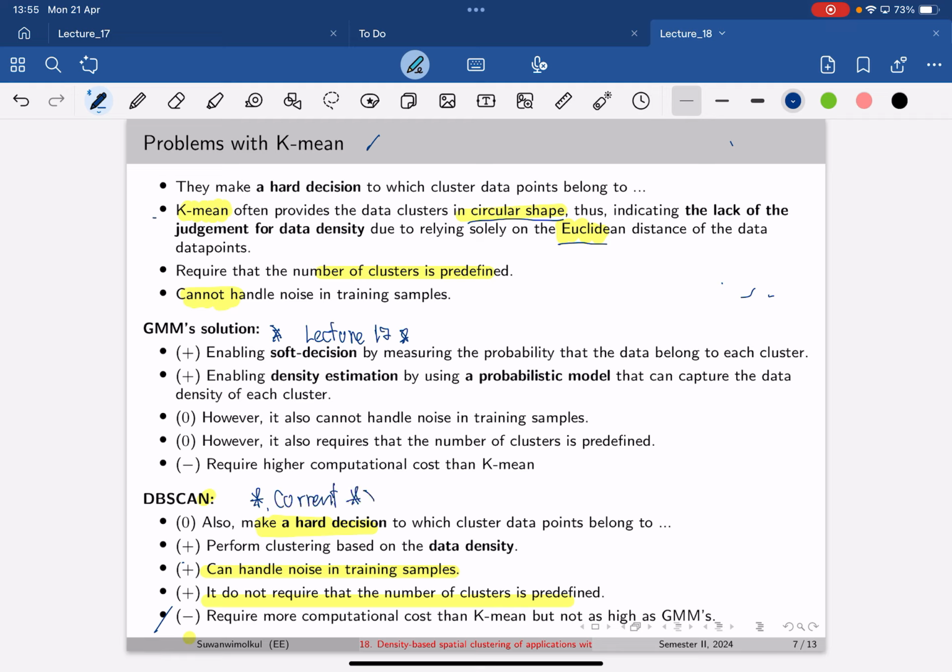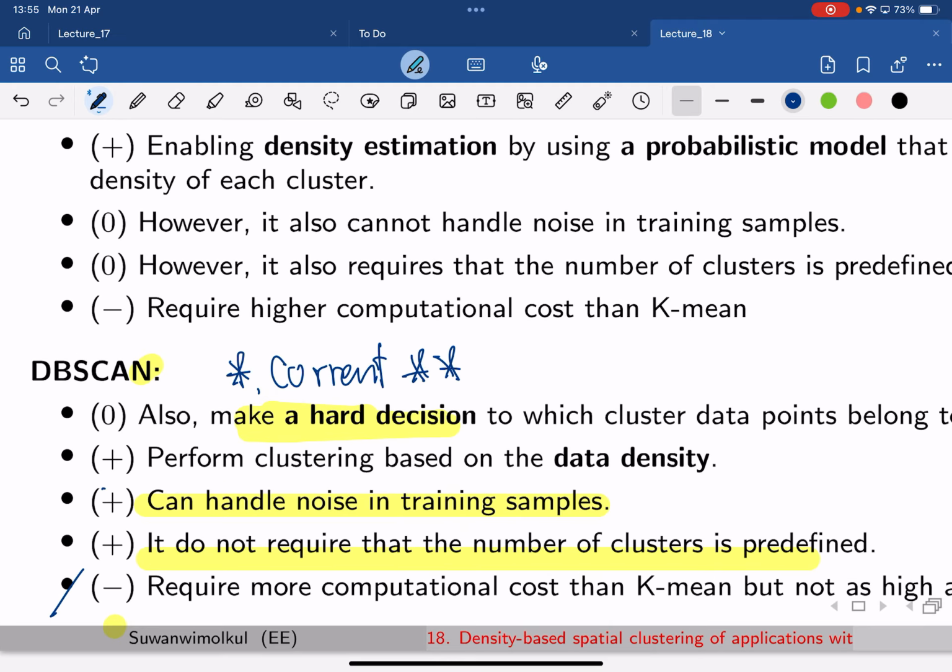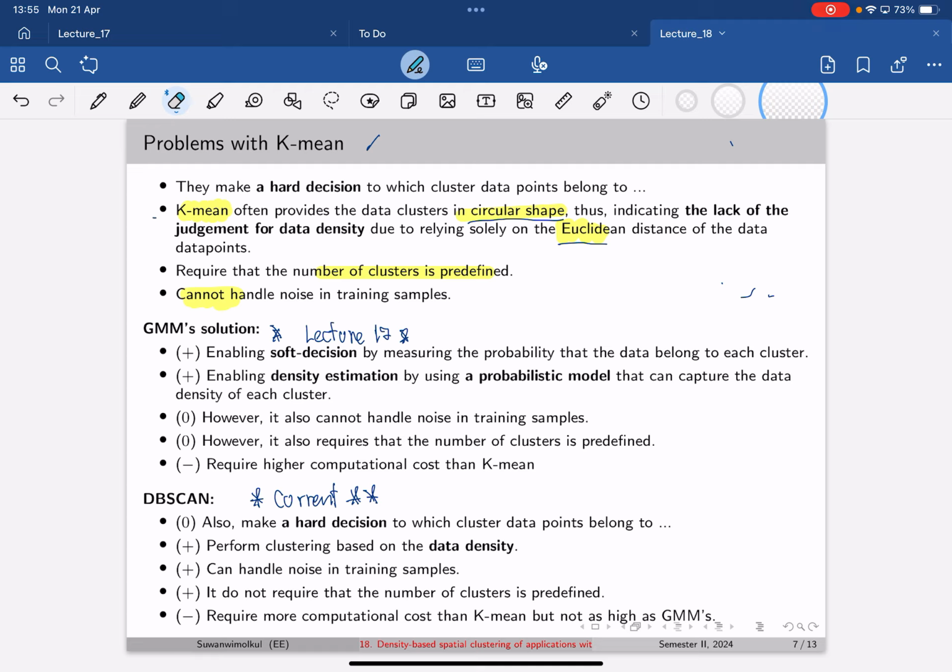The reason I would like to talk about DBSCAN first is that, at the moment, we will look at more of the algorithm side of it. We won't go over the technical details, like the optimization problems and so on. It is because DBSCAN is arguably a very famous algorithm right now.